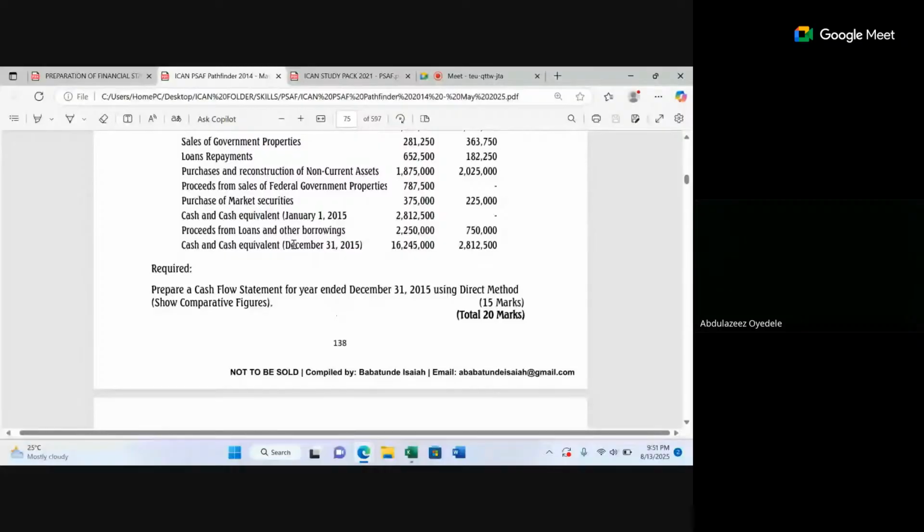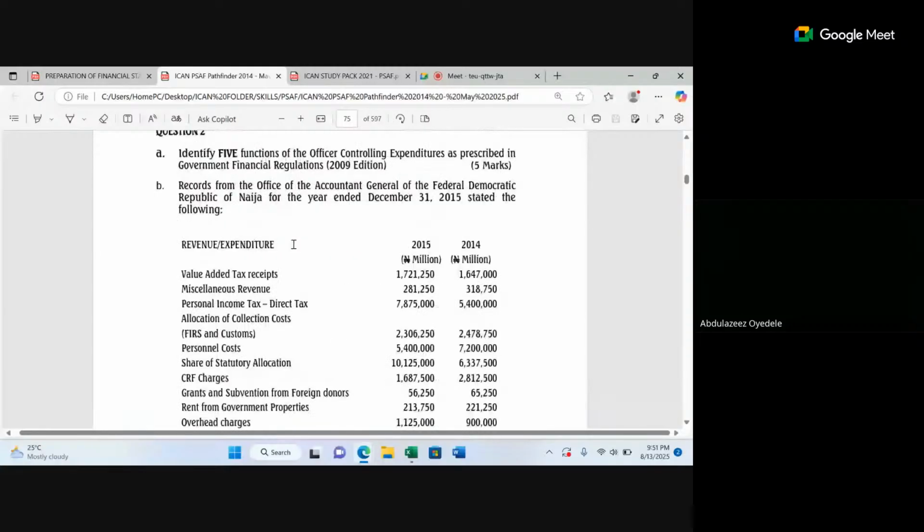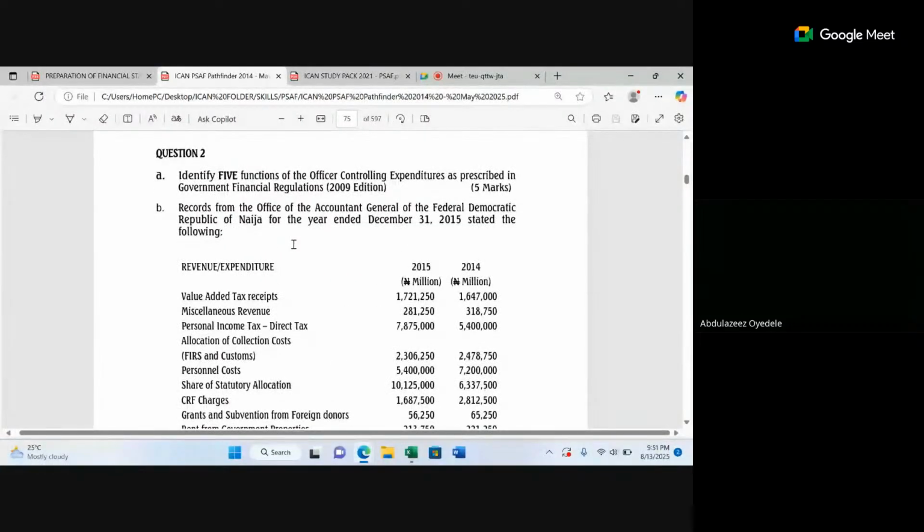When we're talking about the cash flow statement, it is prepared using two methods. I'm sure we know that from our FR. I'm very sure Madam Jamila must have treated that with you in FR. So it is either the direct method or the indirect method.